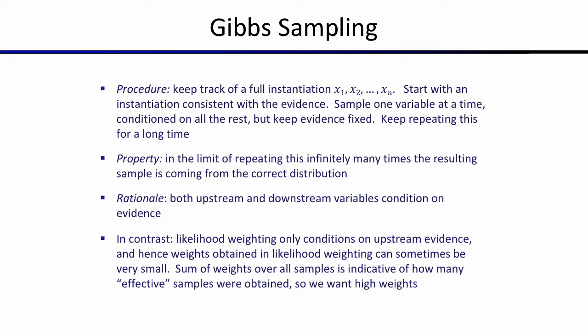In contrast, likelihood weighting, which was the last method that we discussed, only conditions on upstream evidence. And consequently, the weights that are obtained by likelihood weighting can sometimes be very small. The sum of weights over all the samples is indicative of how many effective samples were obtained, so we want high weights.